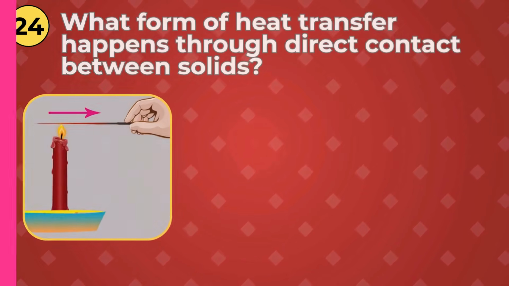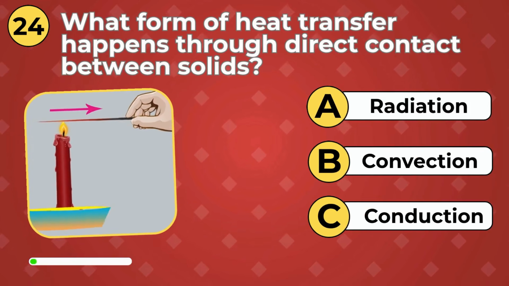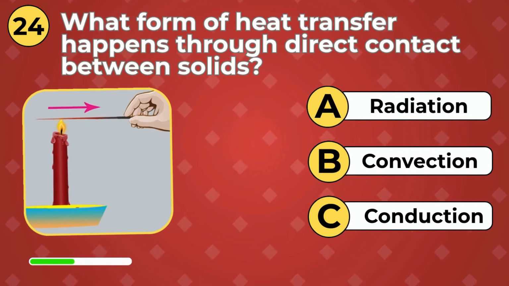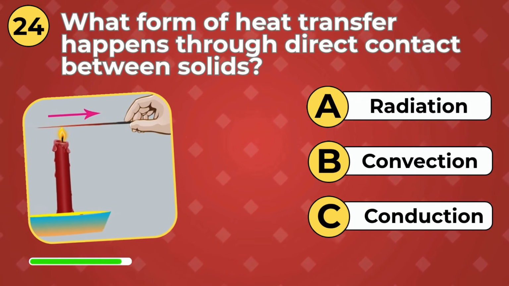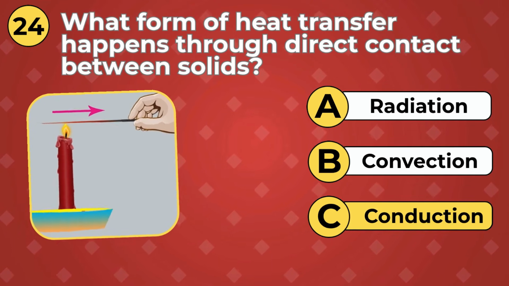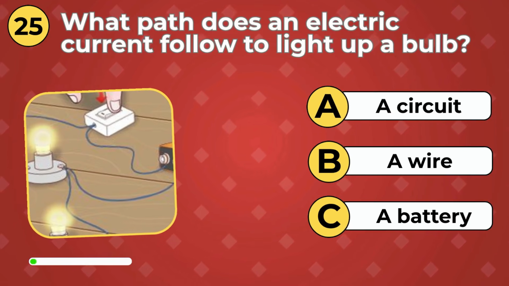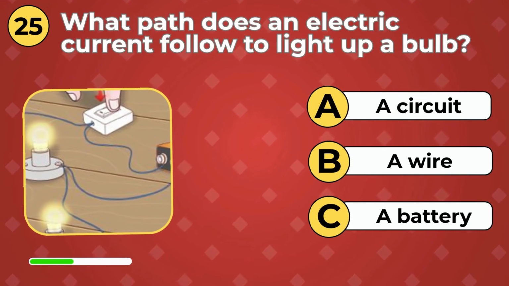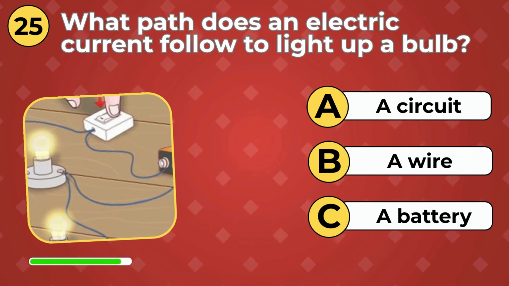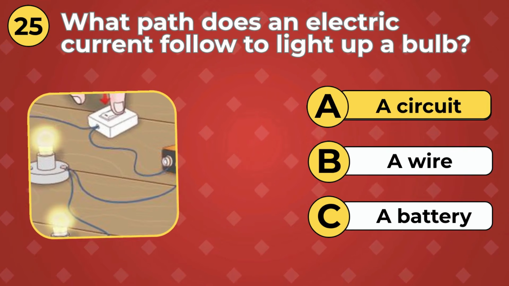78%. What form of heat transfer happens through direct contact between solids? Conduction. What path does an electric current follow to light up a bulb? A circuit.